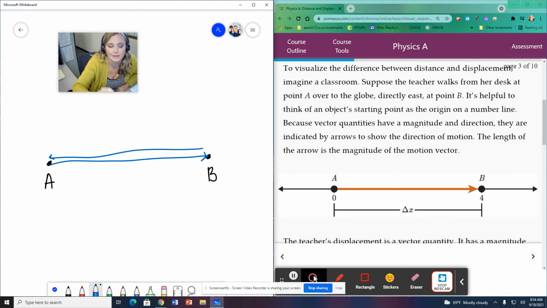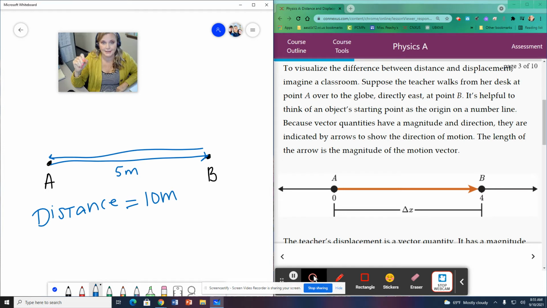So my distance is the total amount I've traveled. Say this is 5 meters there and 5 meters back, so I've traveled a total of 10 meters.